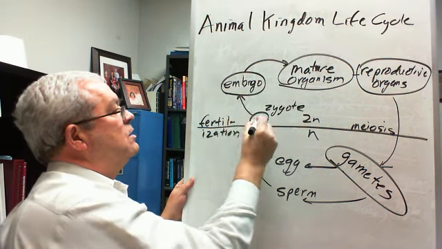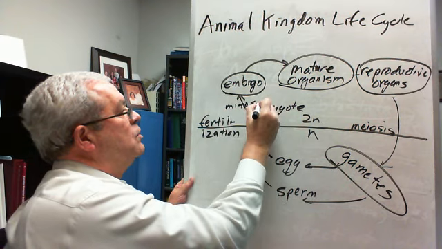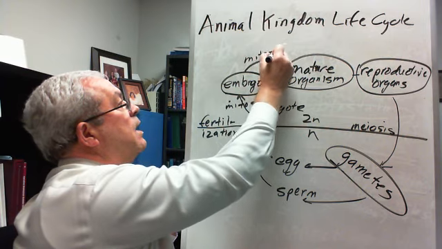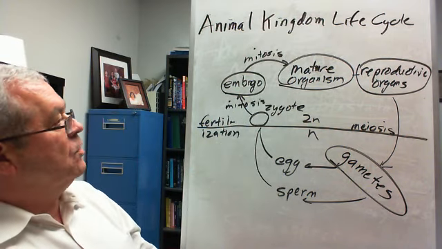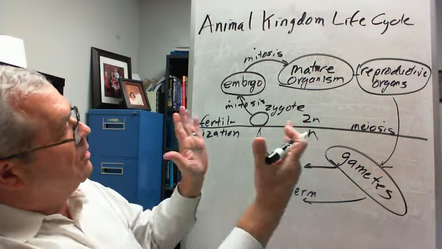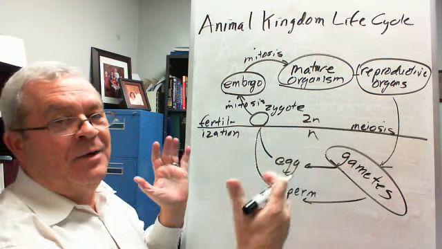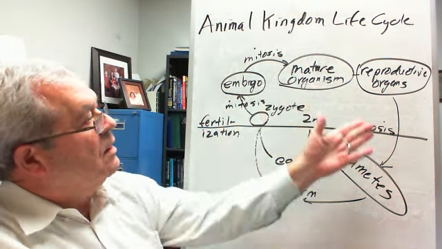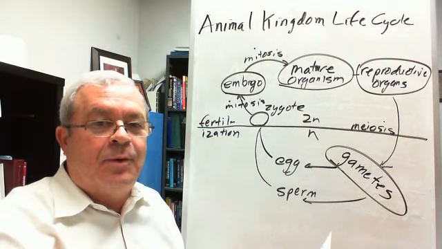So the process that turns the zygote into an embryo is called mitosis. And more mitosis turns that embryo into a mature organism. There, ladies and gentlemen, we have a little bit of a squashed circle due to the lack of space here. On a big board, I'd make it look a little better, but you get the point. This is a life cycle that goes round and round, and on we go.